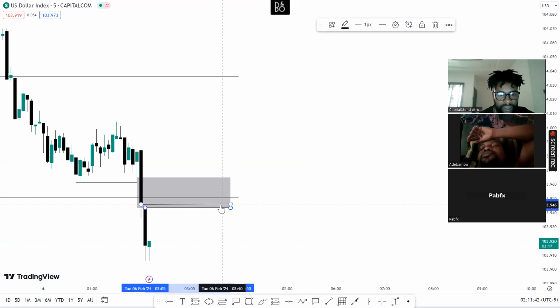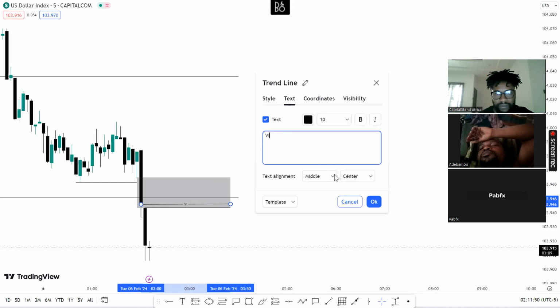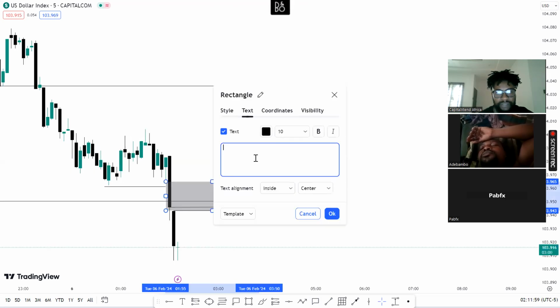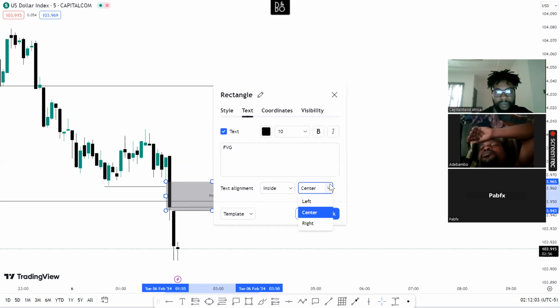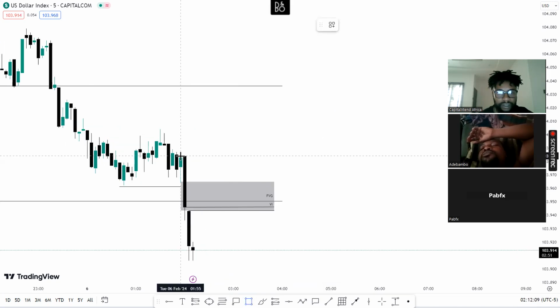This is a VI. I have to level that. I don't want it to be in the middle; I want it to be on top and right. So I have this volume imbalance and a 5 minutes fair value gap, or probably price might want to play this other block here.